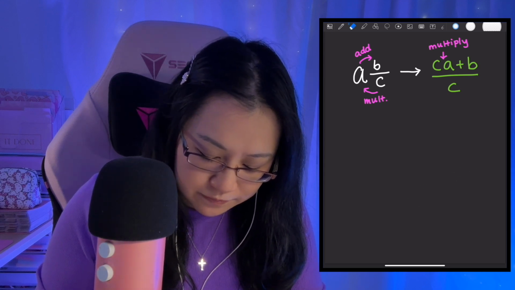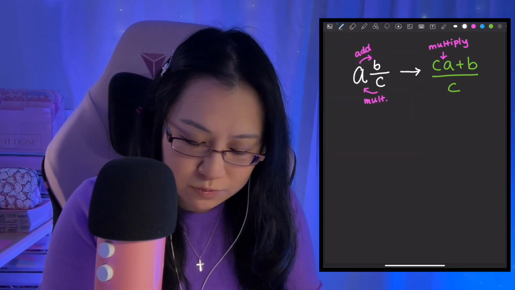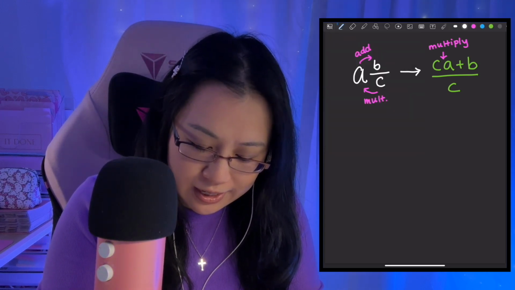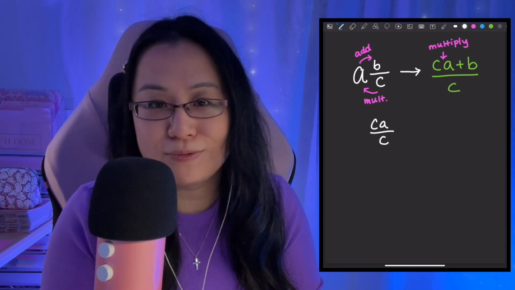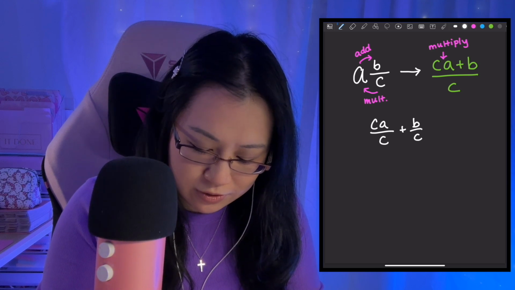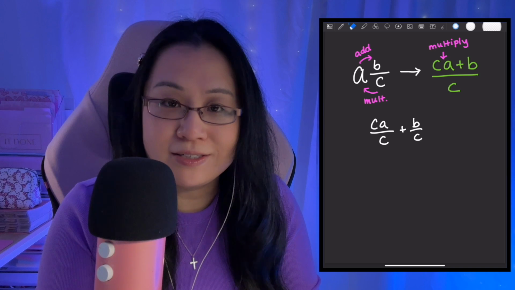But just a little side note there, essentially we're always rewriting A as CA over C, and then adding our B over C, which then works out to be times add.